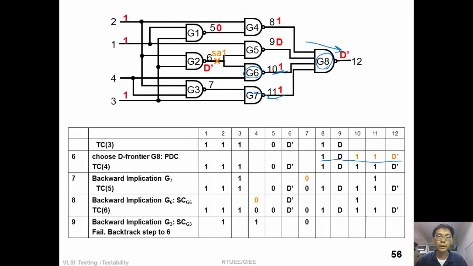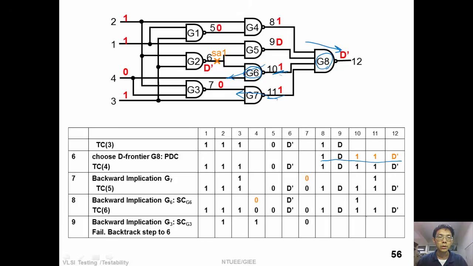Now we perform a backward implication through G7. We know that signal 7 should be 0. We also perform backward implication through G6. We know that line 4 must be 0.